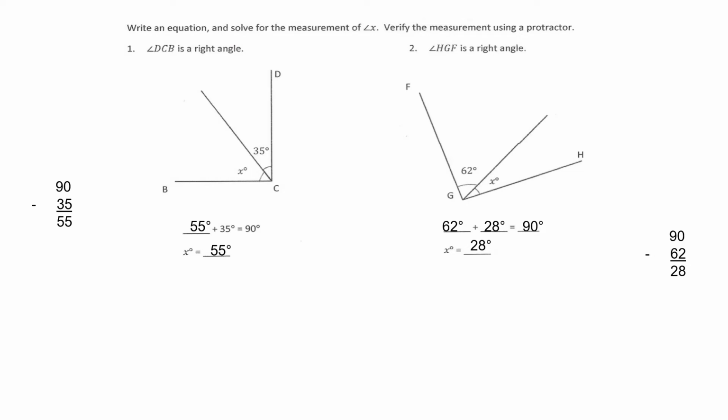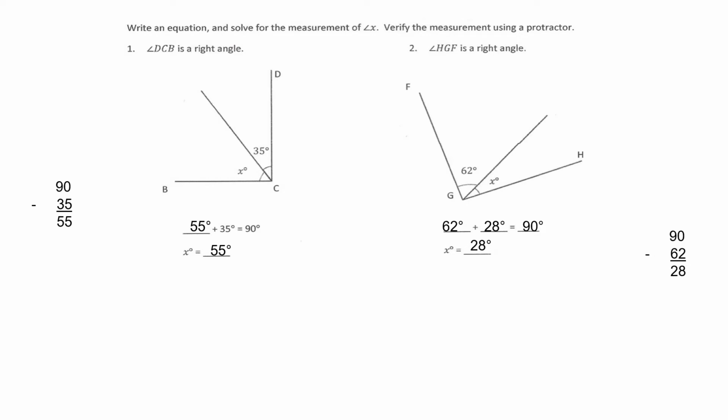So we can tell that DCB is a right angle, and we know that a right angle equals 90 degrees. We know one part, which is 35. So it's like a part whole. So we know one part, and we know the whole, we need the other part. So that means we need to divide. Oh my goodness gracious, subtract.